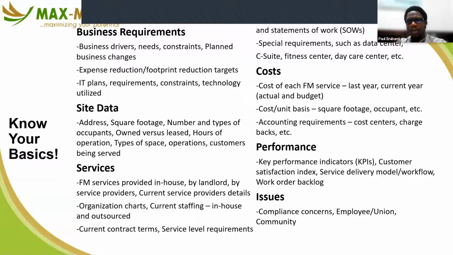Because for you to become part of a senior management team at some point in any industry, you must have started understanding business requirements, business drivers, needs and constraints, and be able to project planned business changes. Be able to have at least some ideas so that when you are asked, you can share.